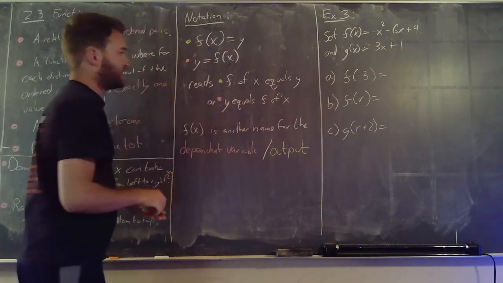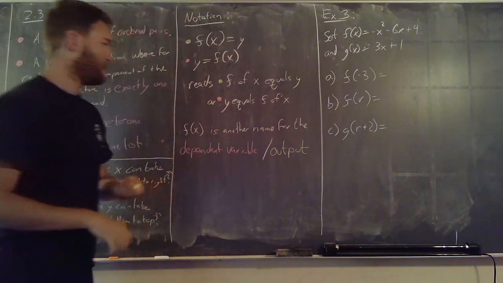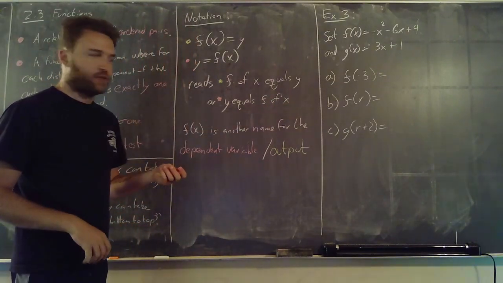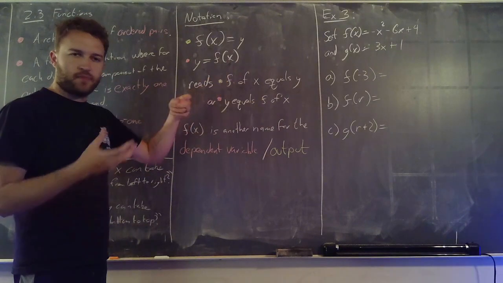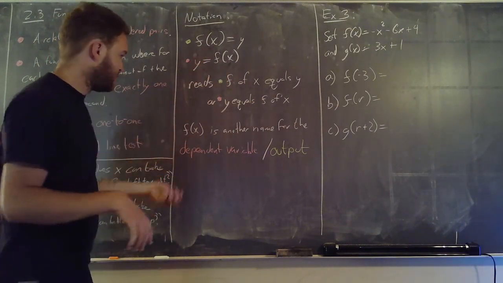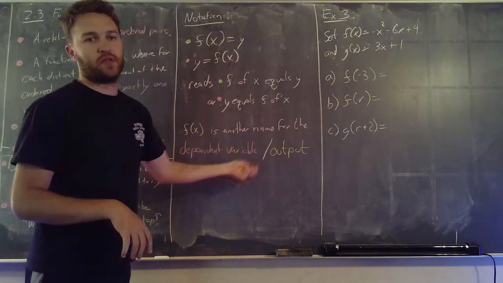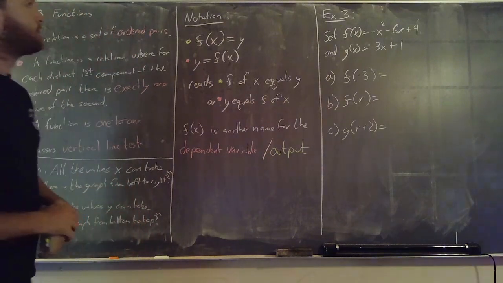So that second line is y equals f of x. Notice that we've set f of x equal to y. They're the same exact thing, a statement that they're equal means that they're the same. So f of x is just another name for the dependent variable, or the output, at least in this context.